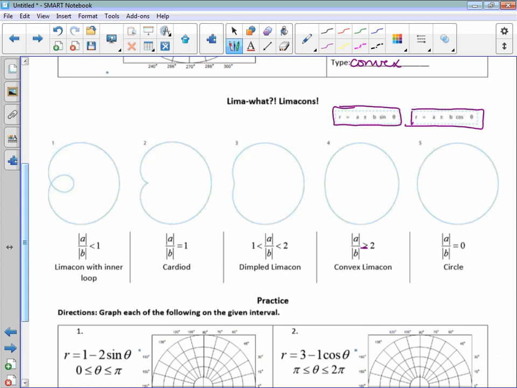Yes. Your A over B equals 0, that's a circle. That's because A doesn't exist. Wait, what do you mean A doesn't exist? It's 0, because 0 divided by B. The radius equals... close, depends on how it's written. What if B is 0?